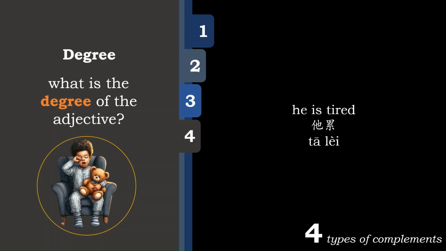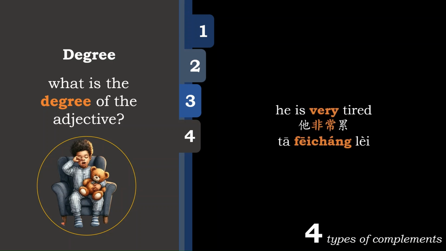Now, normally in Chinese, we'd say 他很累. He is tired, 他很累. Or if we want to say he is very tired, then 他非常累. But when we want to use a degree complement, we can't also use an adverb.